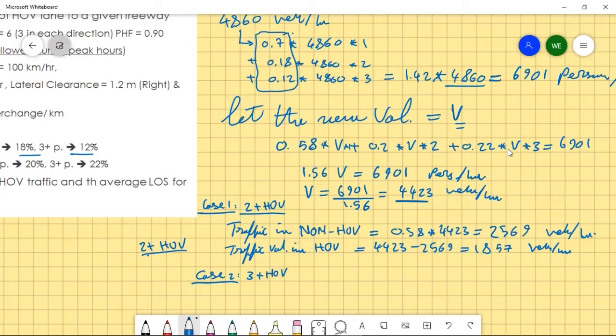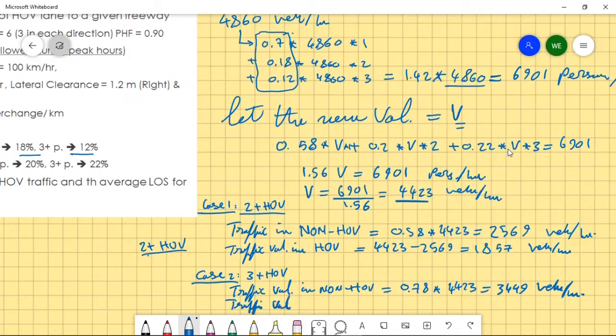In this case, the traffic volume in non-HOV equals 0.78 multiply 4,423, so we have 3,449 vehicles per hour, and the traffic volume in the HOV lane equals 0.22 multiply 4,423.